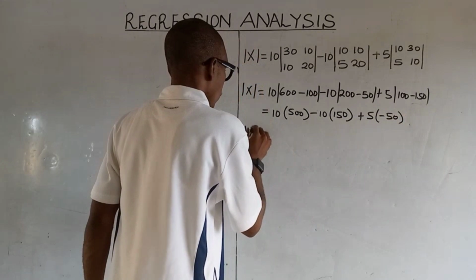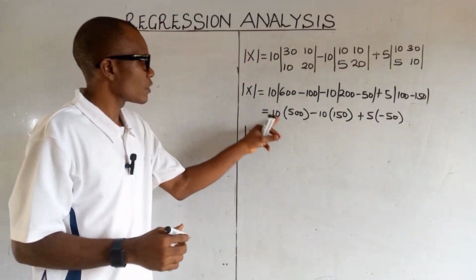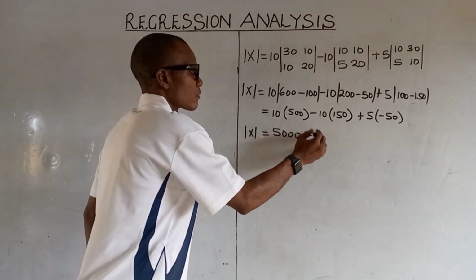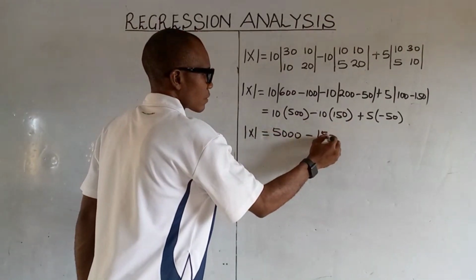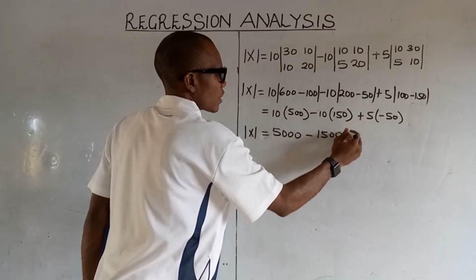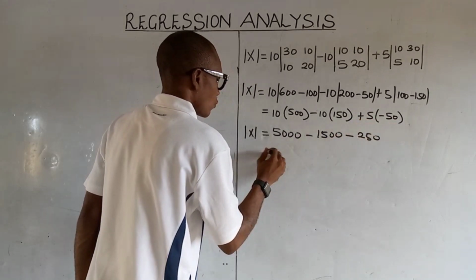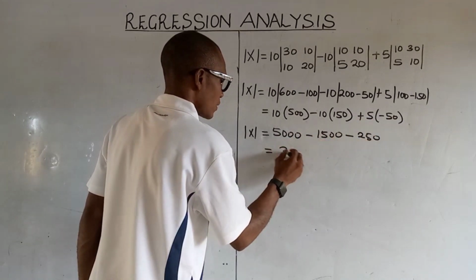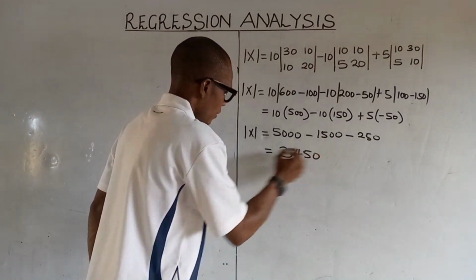So we have x here to be, this times this will give us 5,000. This times this will give us 1,500. Because of this negative sign, 5 times this will give us 250. So 5,000 minus 1,500 minus 250 will get 3,450.